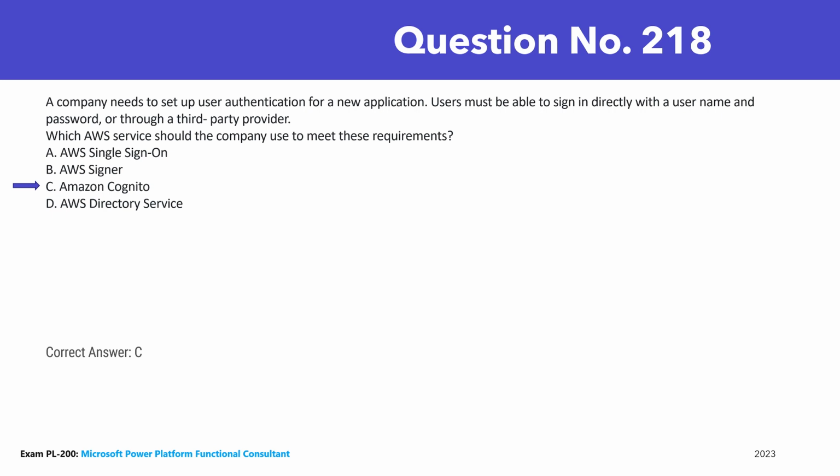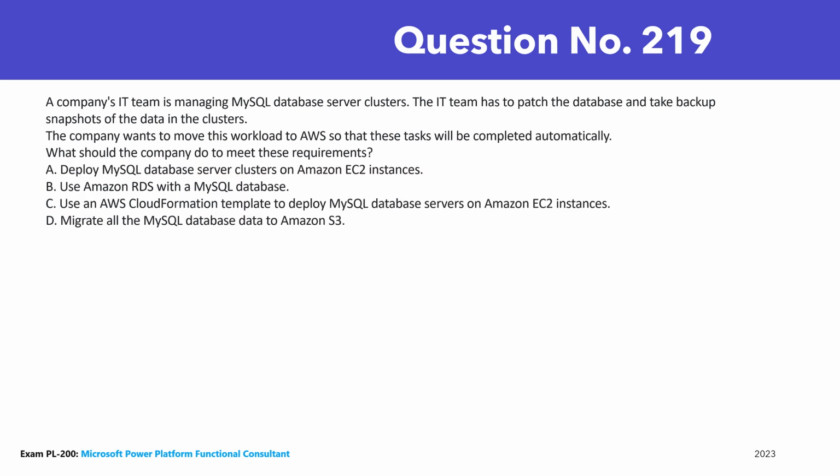A company's IT team is managing MySQL database server clusters. The IT team has to patch the database and take backup snapshots of the data in the clusters. The company wants to move this workload to AWS so that these tasks will be completed automatically. What should the company do to meet these requirements? A. Deploy MySQL database server clusters on Amazon EC2 instances.